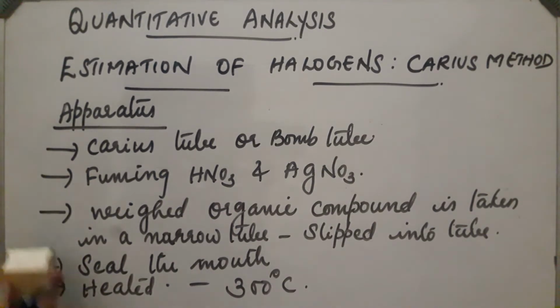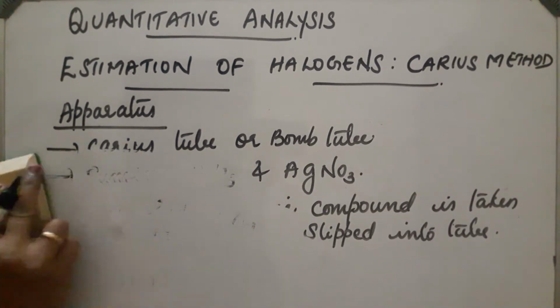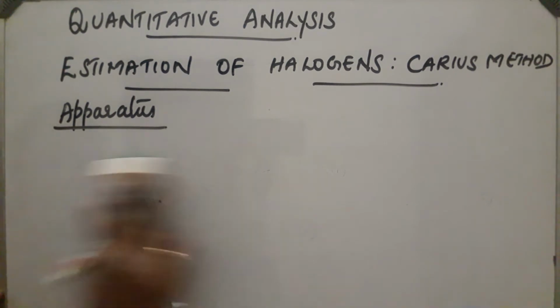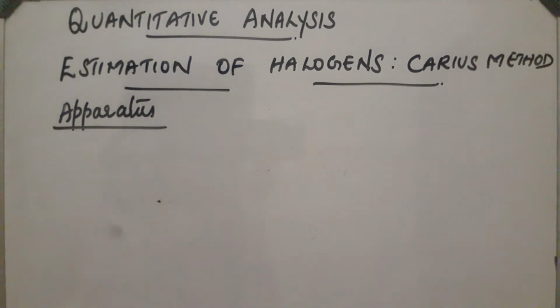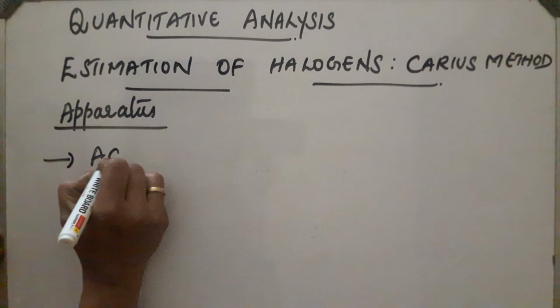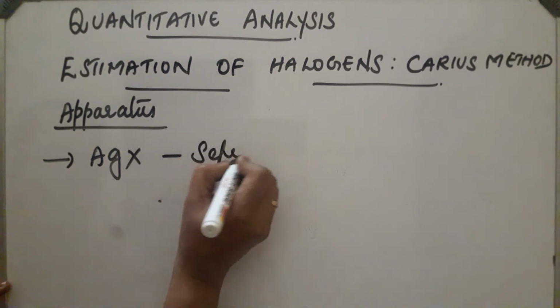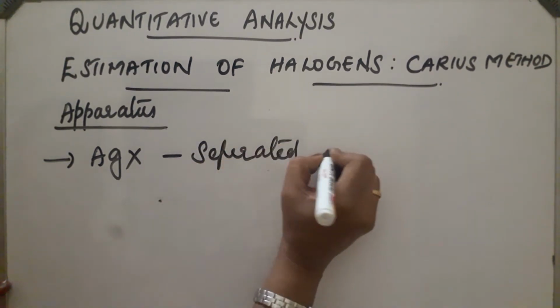At that time, halogens get converted into silver halide. During this process, high pressure is developed inside the tube, and the seal is blown open and the gases escape. Silver halide AgX is produced, which is separated and weighed.